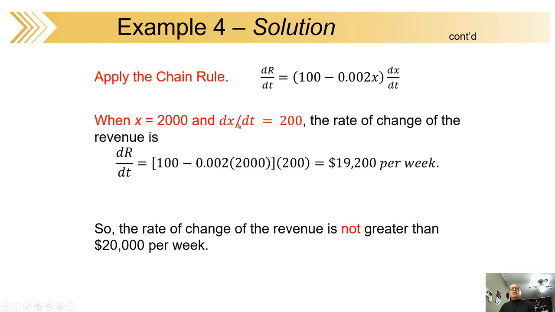We said dx/dt was given to us. It's increasing at 200 per week. And we're selling 2,000 of those each week. Just put the numbers in. The revenue is $19,200 per week. Remember, dollars and week.